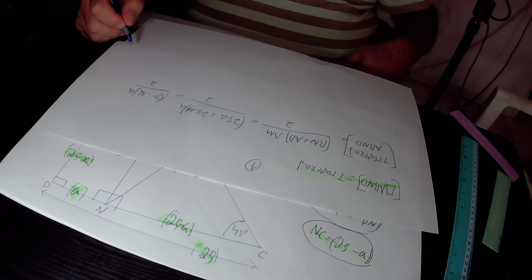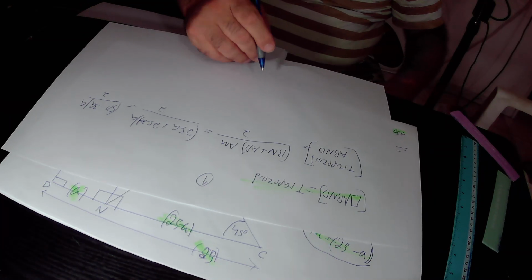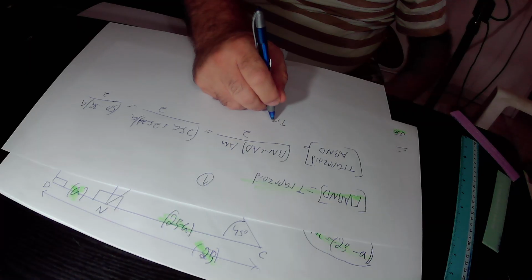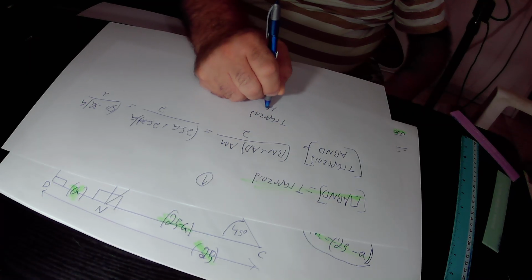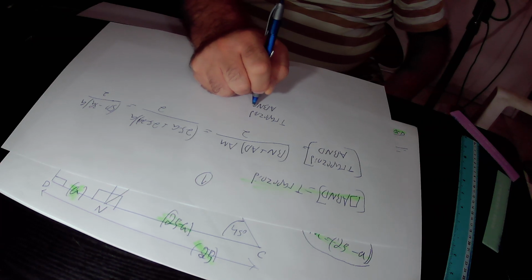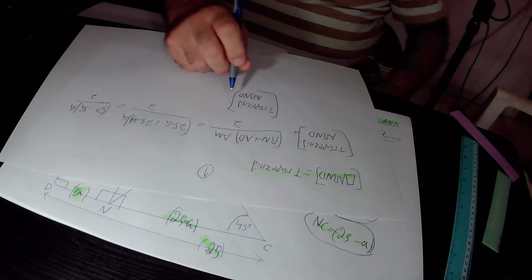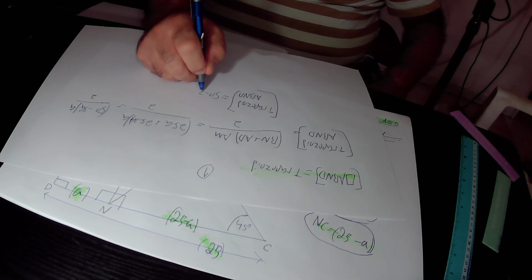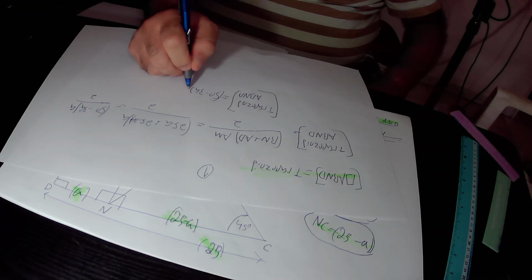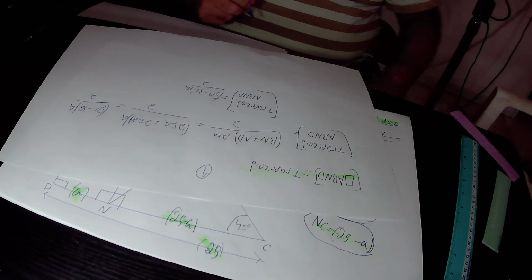So in total, the area of trapezoid ABND is equal to 50 minus 3A times A over 2 square units.